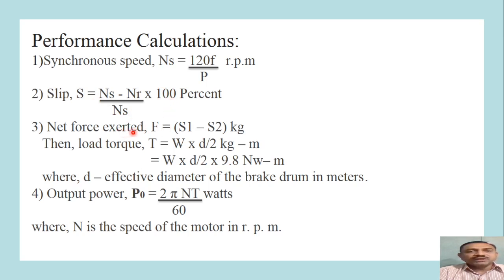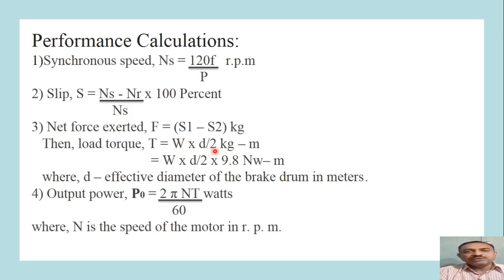Now during our loading arrangement, we have taken the readings of S1 and S2, which are the spring balance readings. So we can calculate the net force by subtracting S2 from S1, and we get that force in kg. We can get the load torque by using this equation: T equal to W, or we may call it F, that is the force, into D by 2.